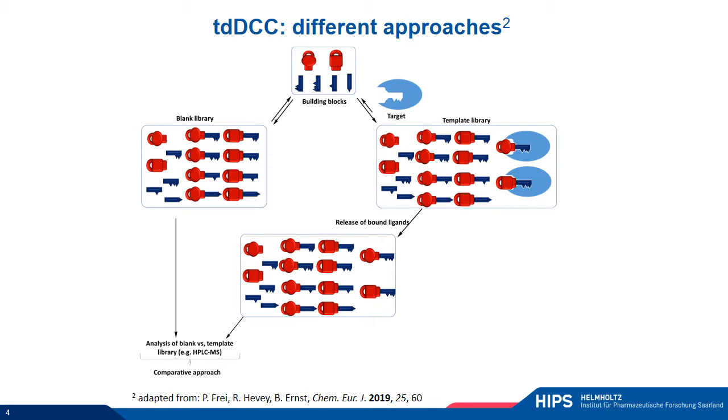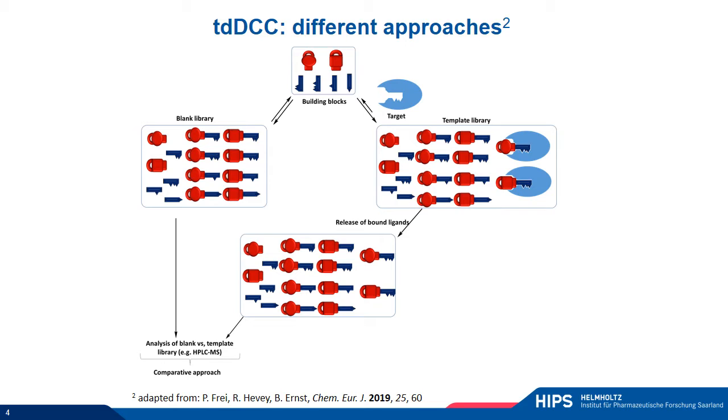Here I would like to focus on target-directed DCC, and there are two main approaches to run it. The first one is the comparative approach, where a blank reaction without target is run concurrently with the protein-templated reaction. After a given time, when the reaction equilibrium is reached in the protein-templated reaction, the equilibrium is frozen and the protein is denatured to release the bound ligands.